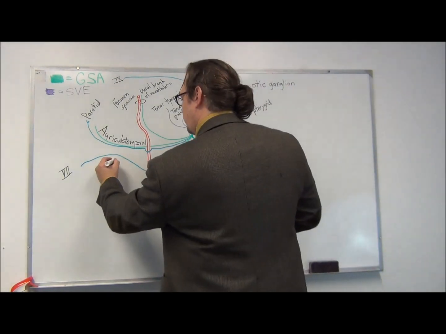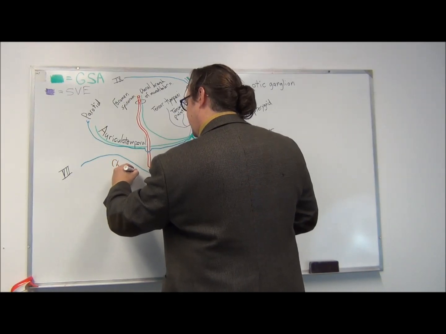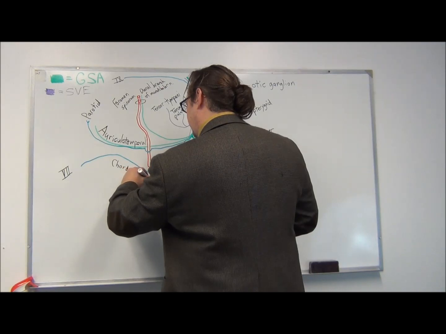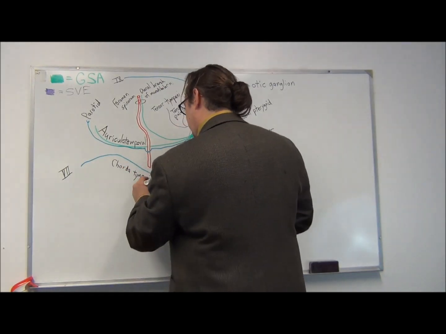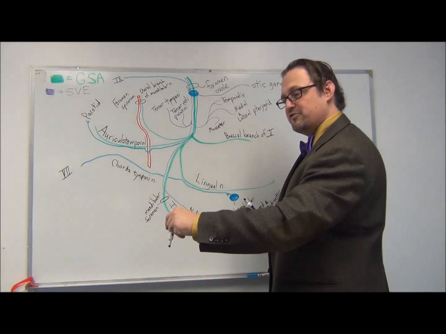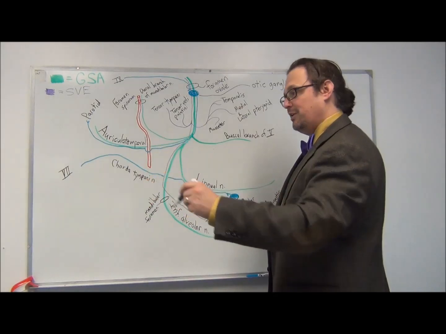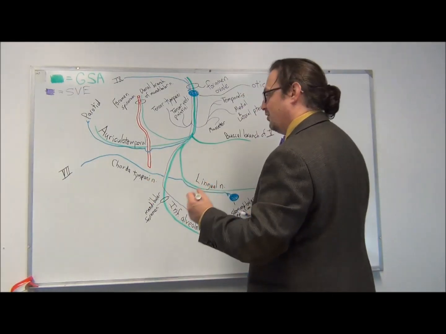So here's the chorda tympani, and it gets its name from the fact that it's a little tiny string of a nerve running through the middle ear. So the facial nerve actually goes through the middle ear, dives down the facial canal, gives off the chorda tympani, which kind of runs back through the middle ear before exiting the skull.